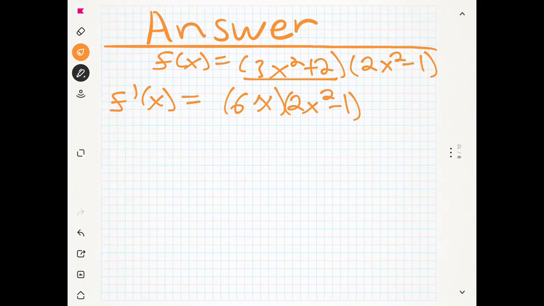We don't take the derivative of that, and then add it to, there's not a lot of room here, so I'm going to have to make it on the next line. So this time we do the opposite.